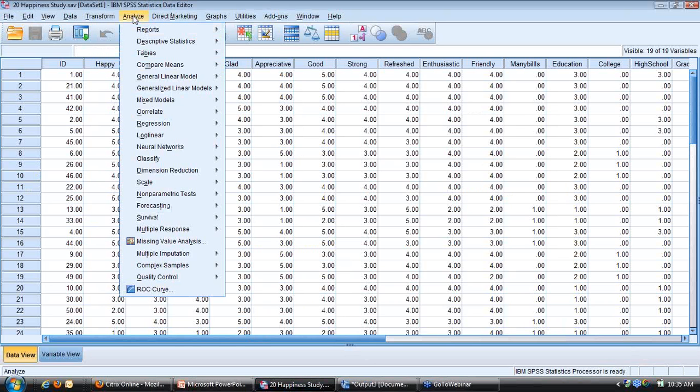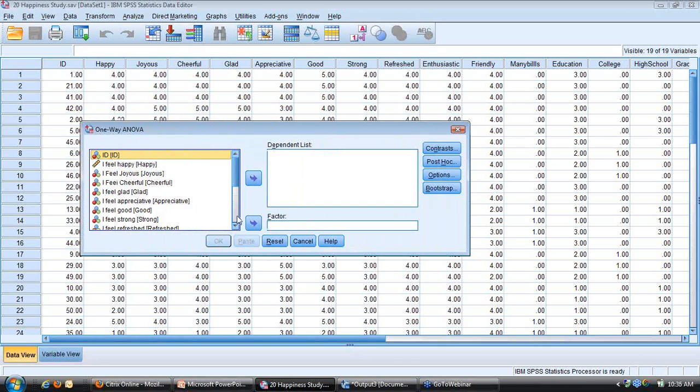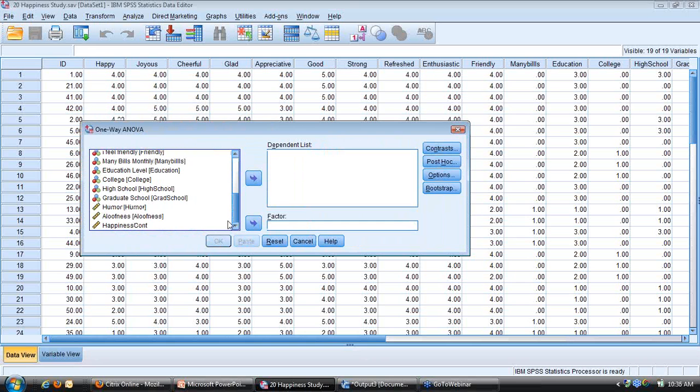So analyze, compare means, one-way ANOVA. So there we go. So we want to go down here. We want to put happiness, like I said, in the dependent list, or continuous variable. And in the factor list, we want our categorical variable with more than 2 categories, education.